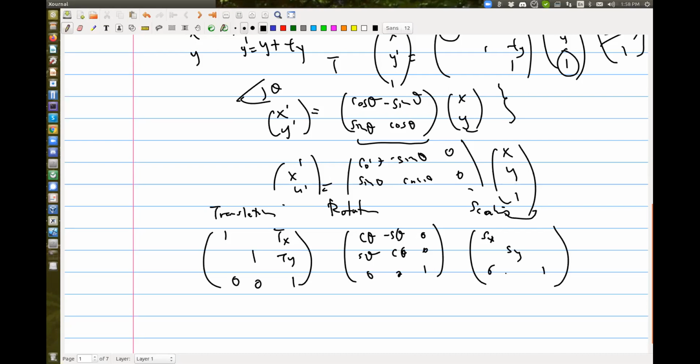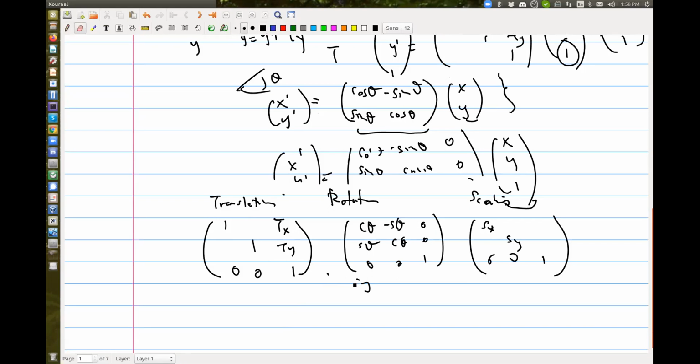And actually, you can do shearing as well. I don't know how to explain that, but if you start from this and move in this direction, it will be like shearing, right?